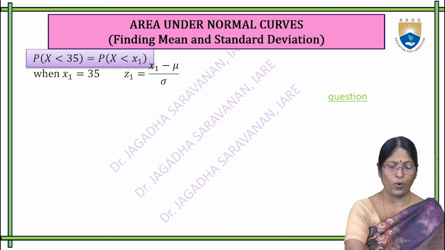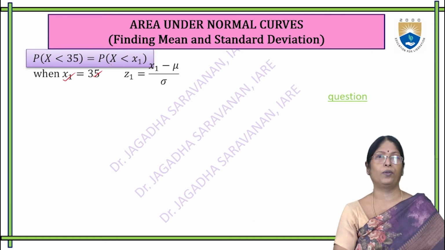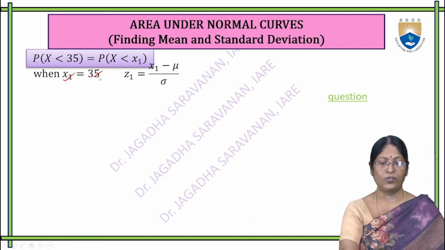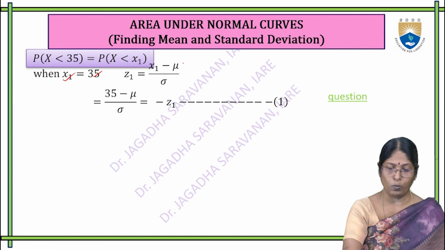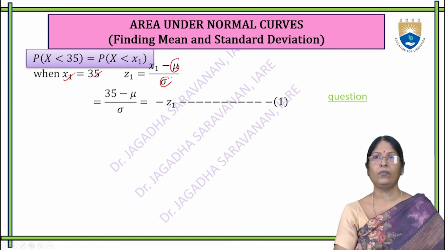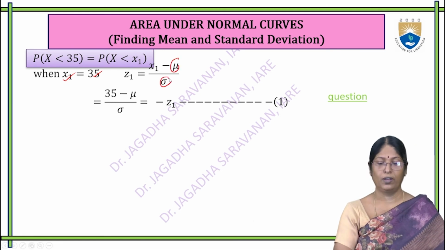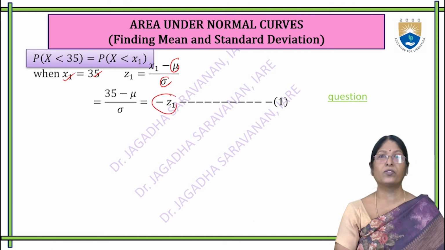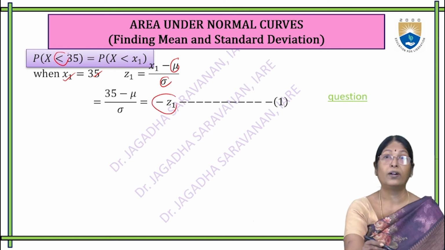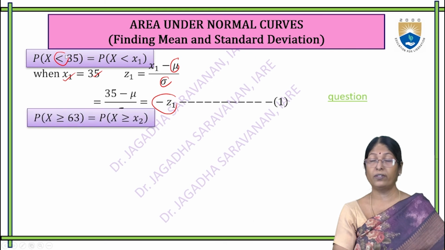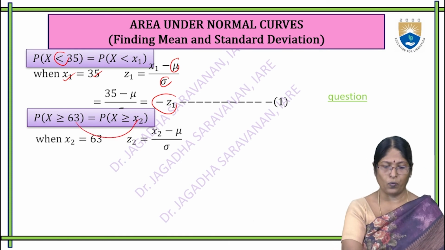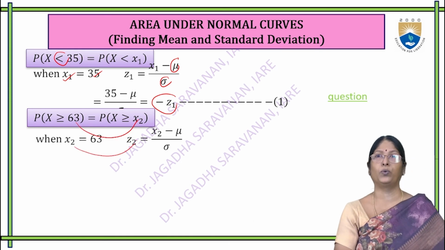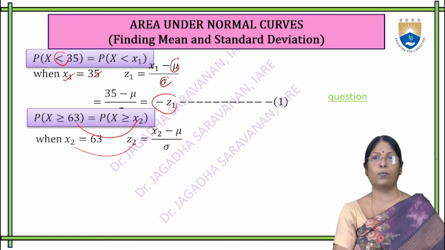Now x is less than 35. In a similar way, 35 we assumed as x1, z1 equal to x1 minus mu by sigma. We don't know mu and sigma. As it is, we have written, and we have taken z1 as minus z1 because of the less than symbol. Next, x is greater than or equal to 63. 63 is x2, so we have to convert it into z2: x2 minus mu by sigma.